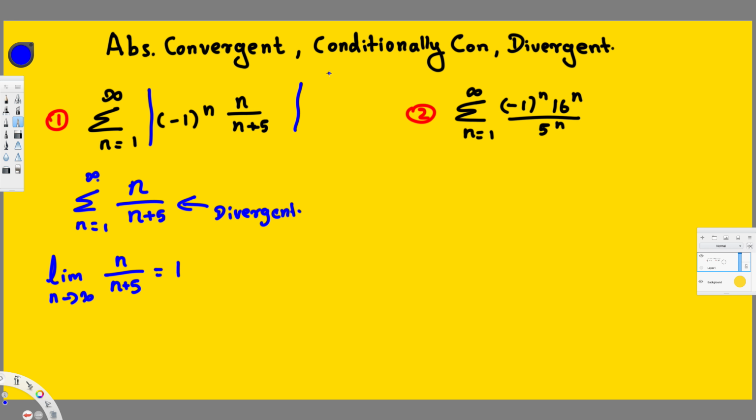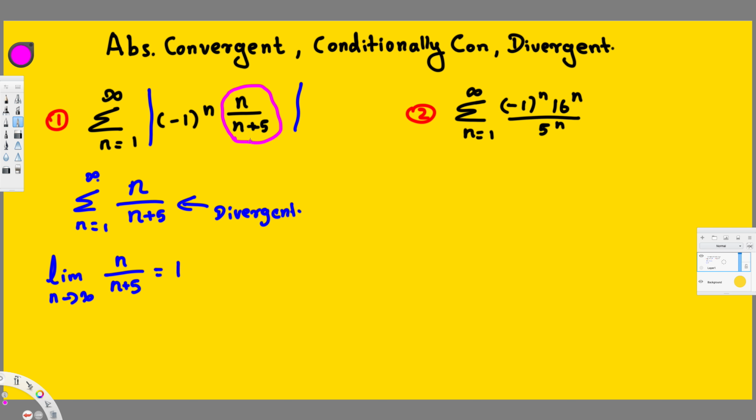To check that, we take the second step. This is an alternating series, right? For an alternating series, we take the bn values, everything except this negative one. If you check the test with negative one, you will get the same thing, but to make everything easier, we take only this part and find whether the limit is 0 and whether it is a decreasing function.